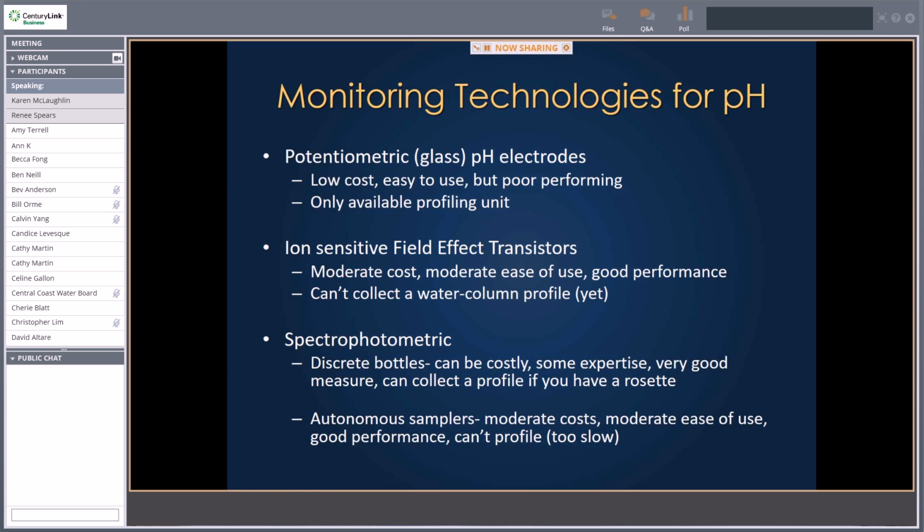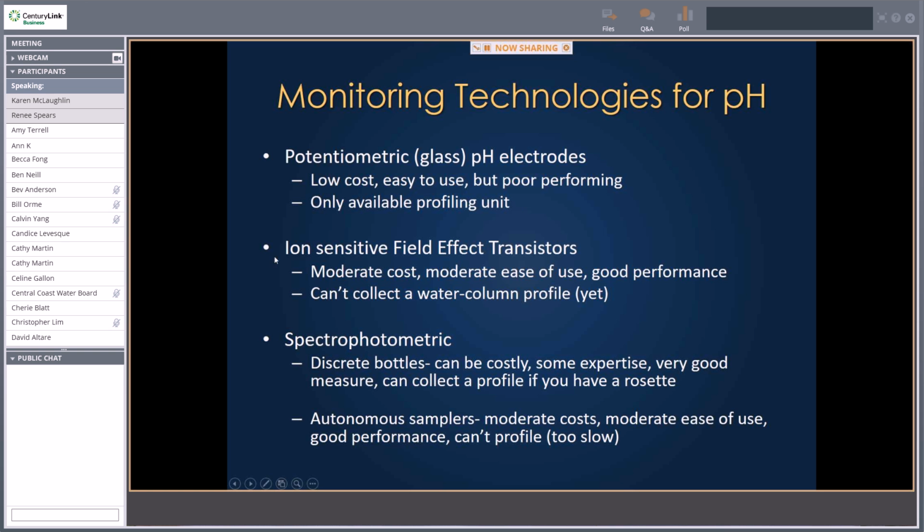They're relatively easy to use, easy to calibrate, easy to handle. But the problem is they have super poor performance. But that said, they're the only technology available for measuring water column profiles at a rapid speed. So you're kind of in this boat if you are doing ship-based profiling.